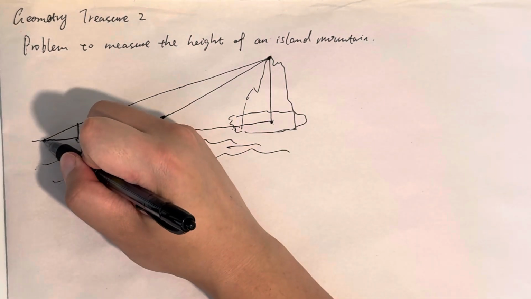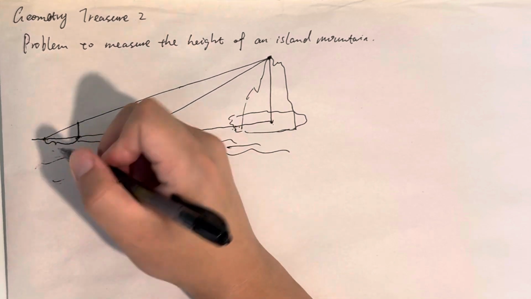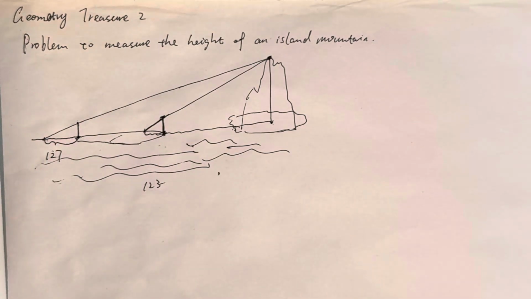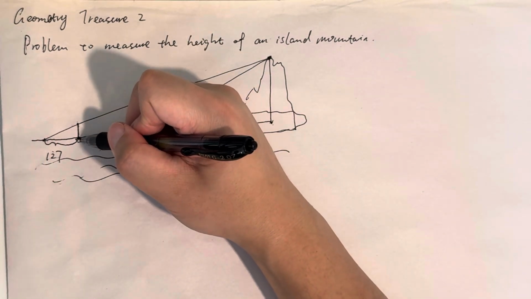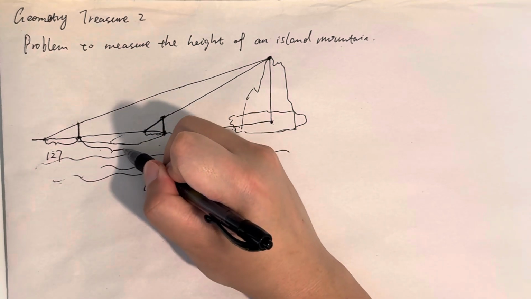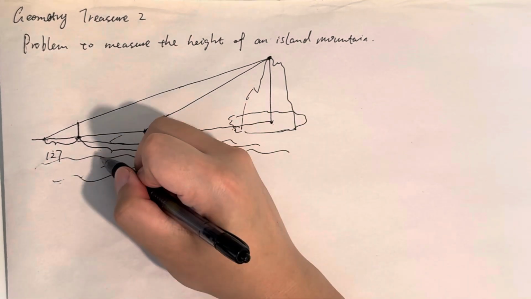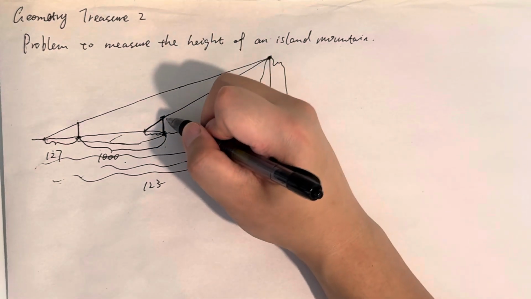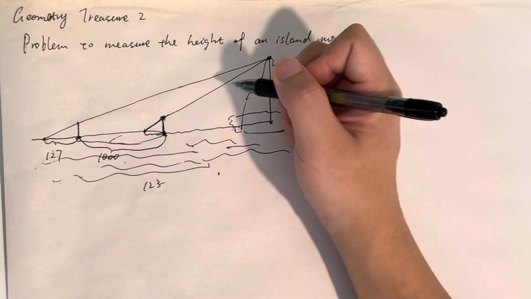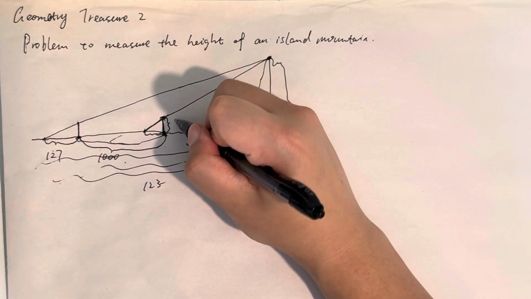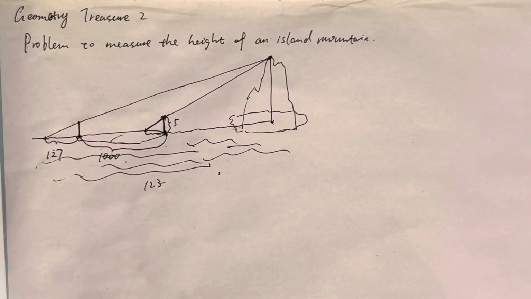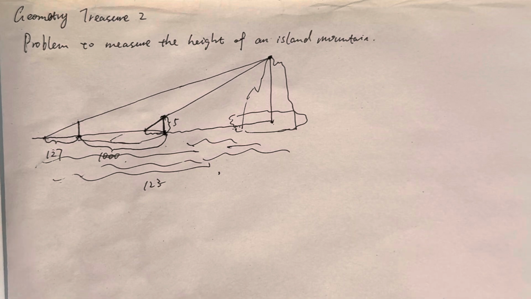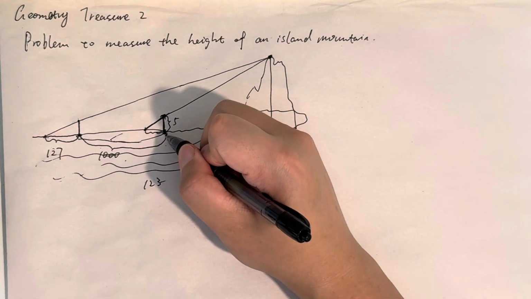Right, and the distance of this is 127 steps. So the distance from here to here is 1,000. Right, and the height of the ruler is 5 steps.